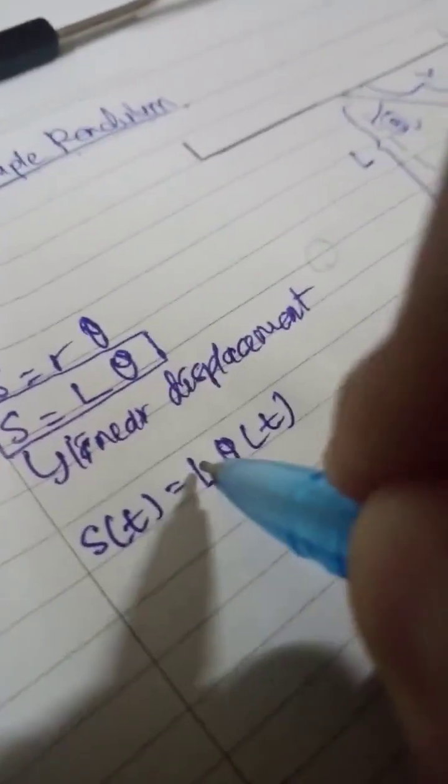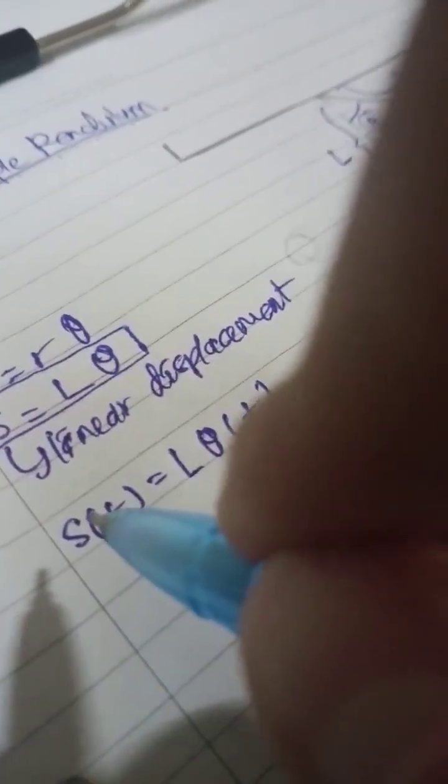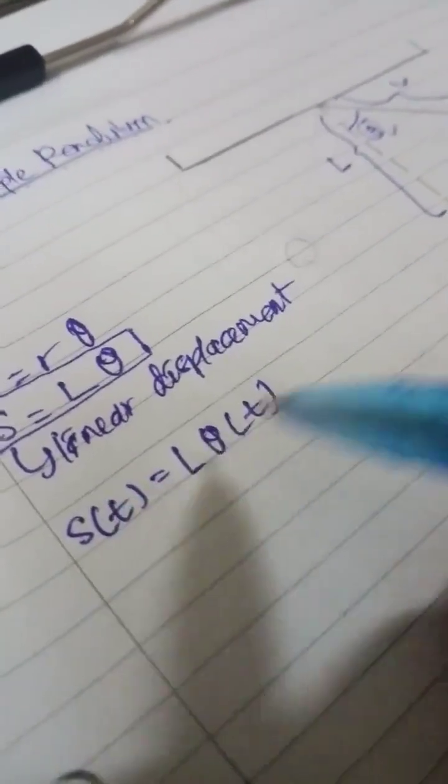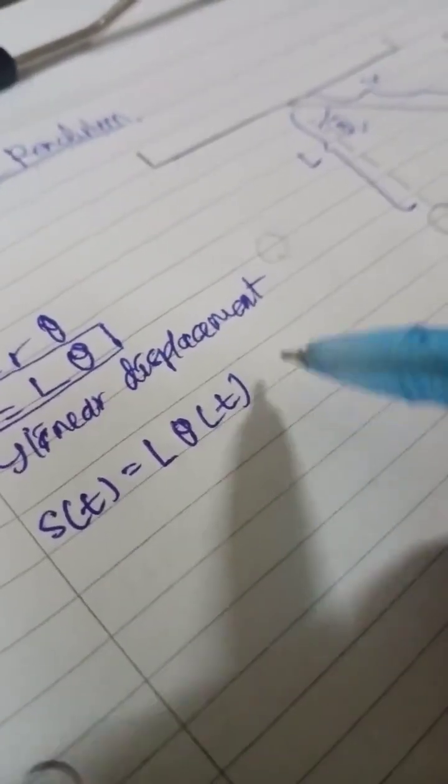So always remember that L is a constant, theta and S are the manipulated variables. That means that they can change with respect to time, as a function of time, right? So now let's move on to the force distribution on the system.